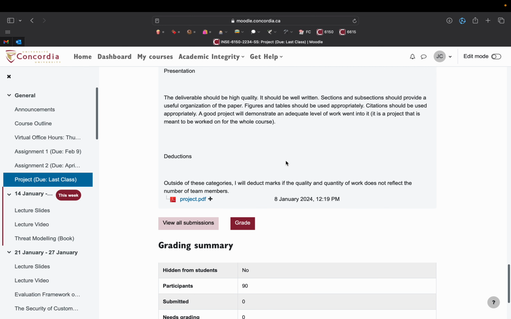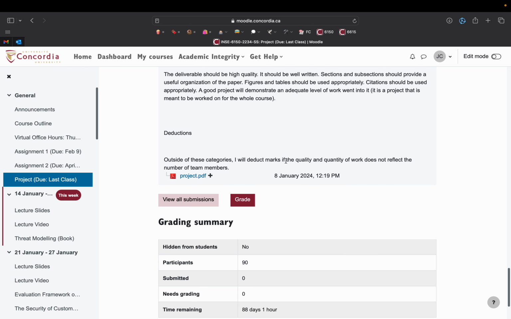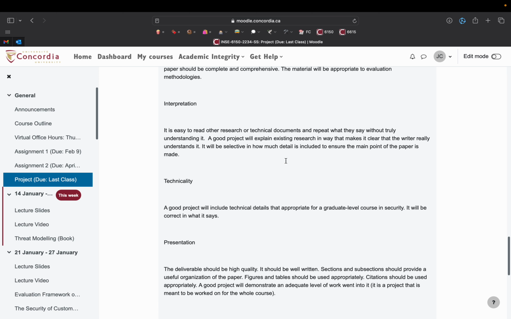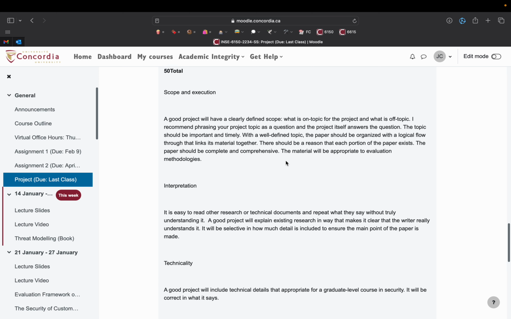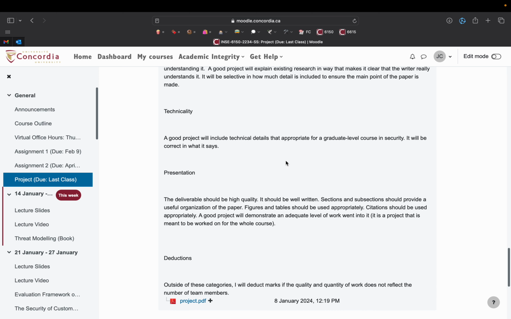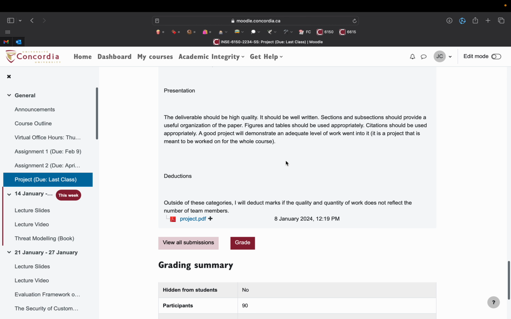Okay, and then the other thing I do, usually I mark your paper according to all of these things, and then the very last thing I do, once I've done reading your paper, is I'll flip up to the top and take a note of how many people wrote it, and then I'll try and judge whether I think that's appropriate for the paper that I just read, okay? So if you have 4 people and it looks like the same quality of paper that I've already read 5 times by single authors, then you could get a deduction, okay?